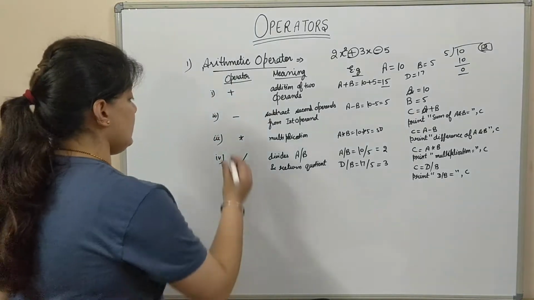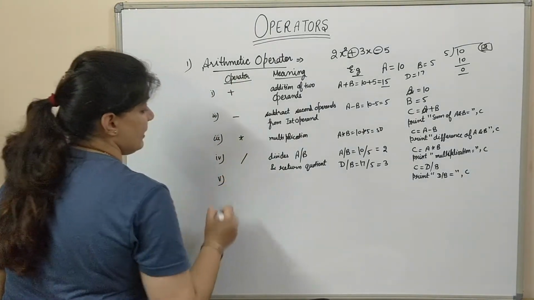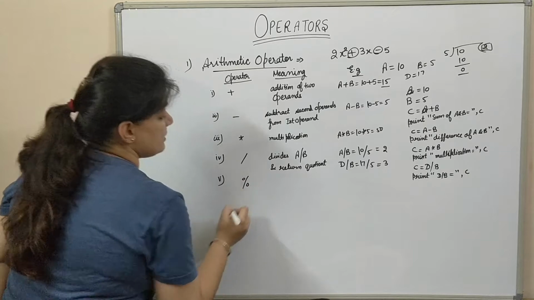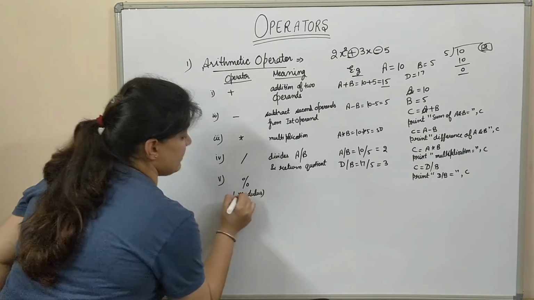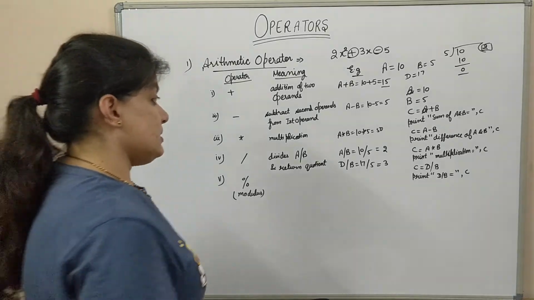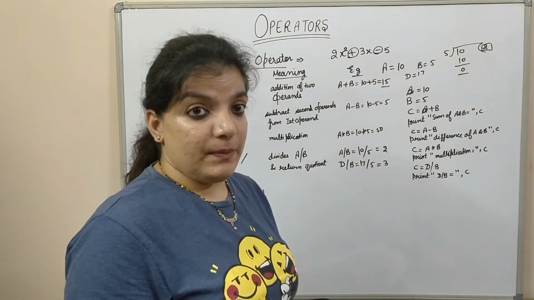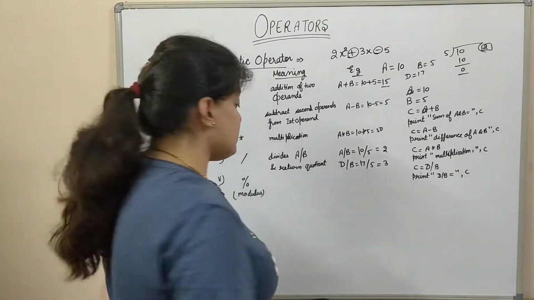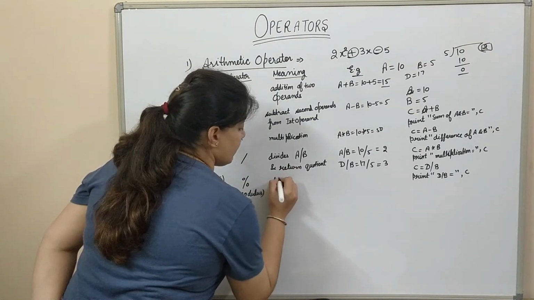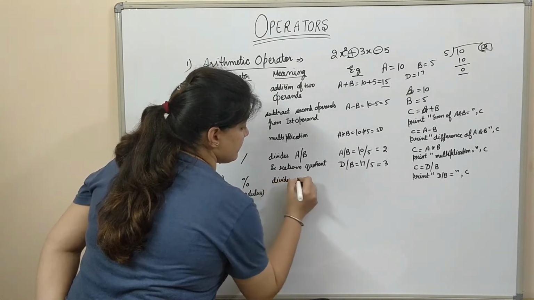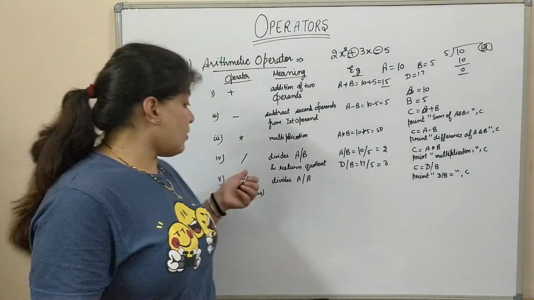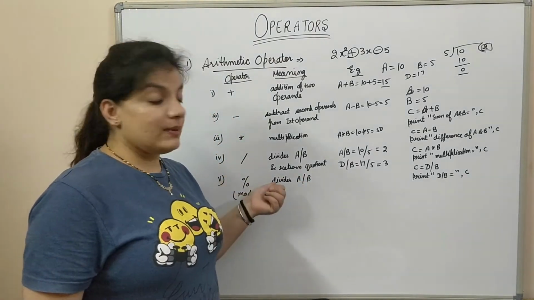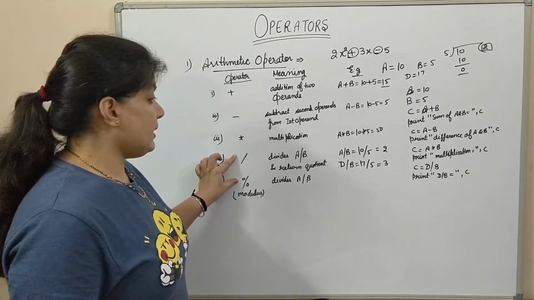Now the next is the fifth operator, which is the modulus operator. It divides A by B, or numerator by denominator. So what is the meaning of this? The division operator also divides A by B. But what is the difference between these two?